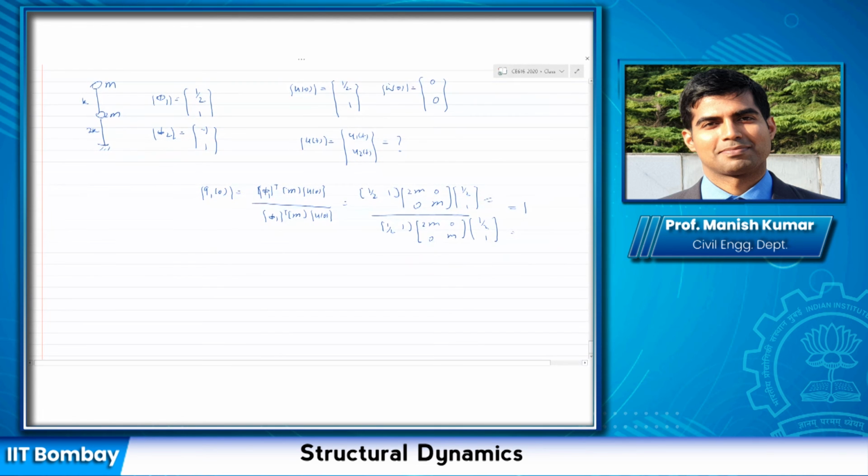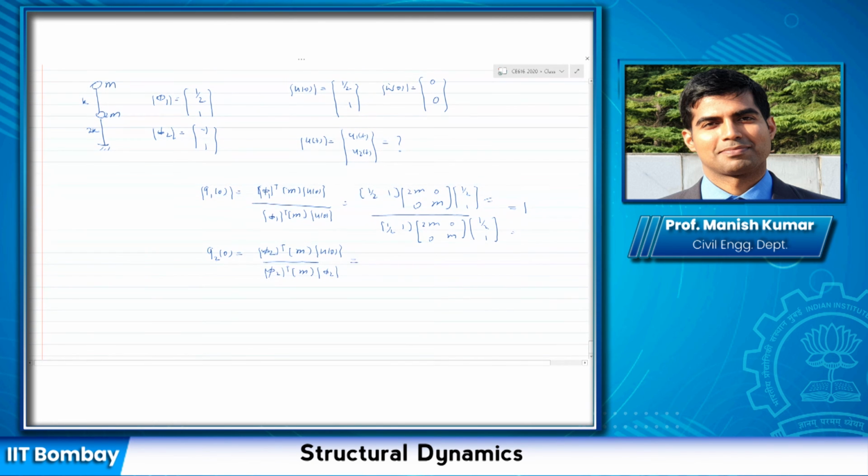Okay. Second thing to do is to get the Q2 0, which would be phi2 transpose m transpose u0, and then phi2 transpose m transpose phi2.